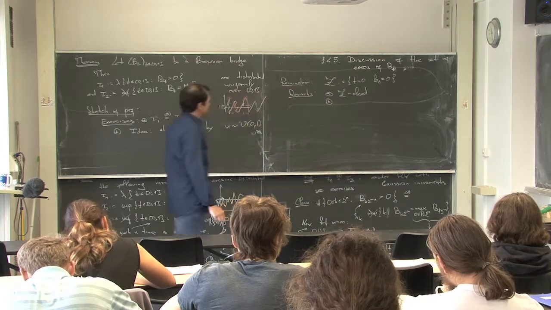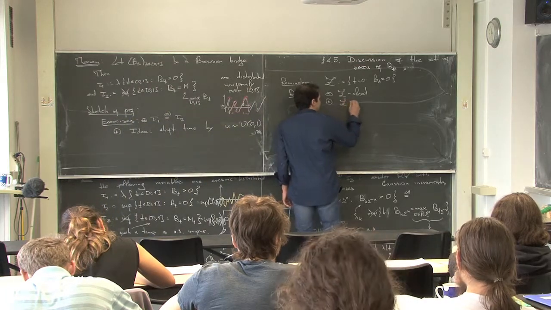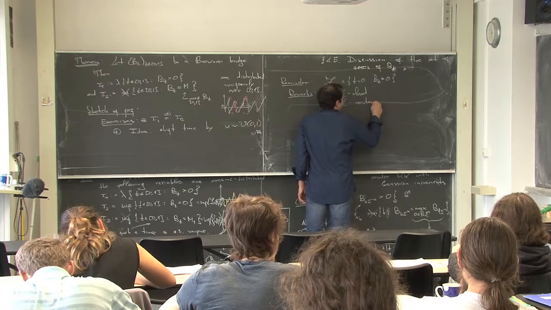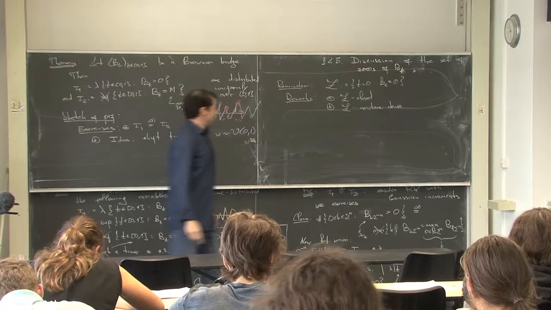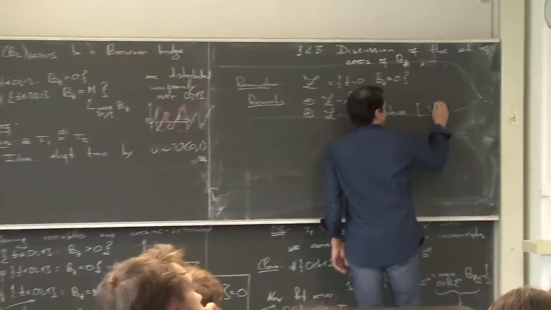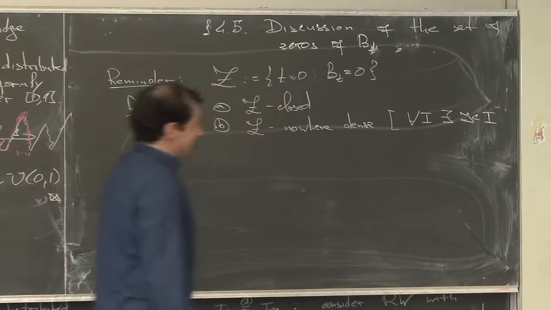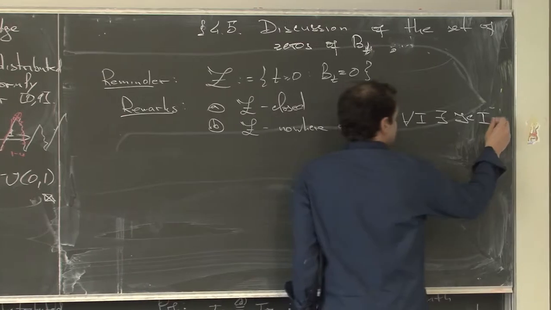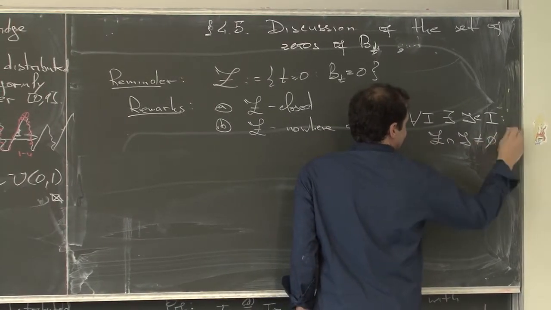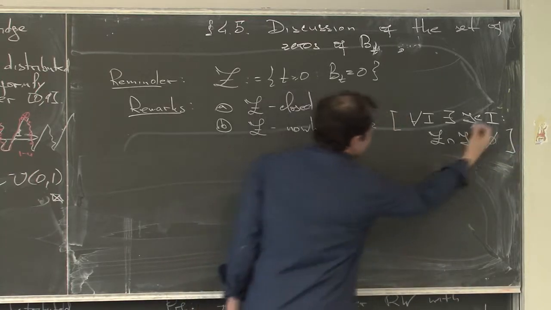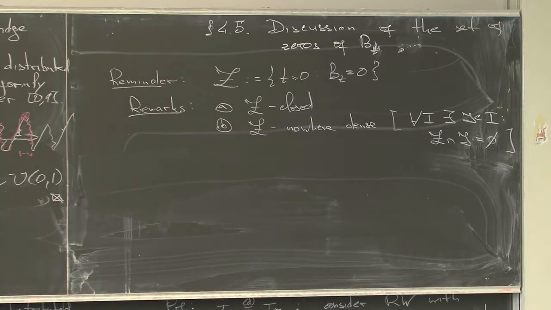The second remark is that it's nowhere dense. What does it mean? It means that for any interval, there exists a subinterval, other way around, right, which does not contain any point of Z.